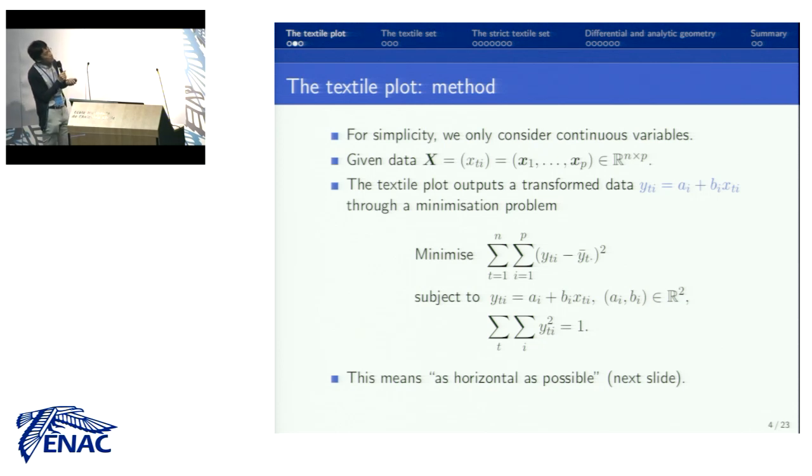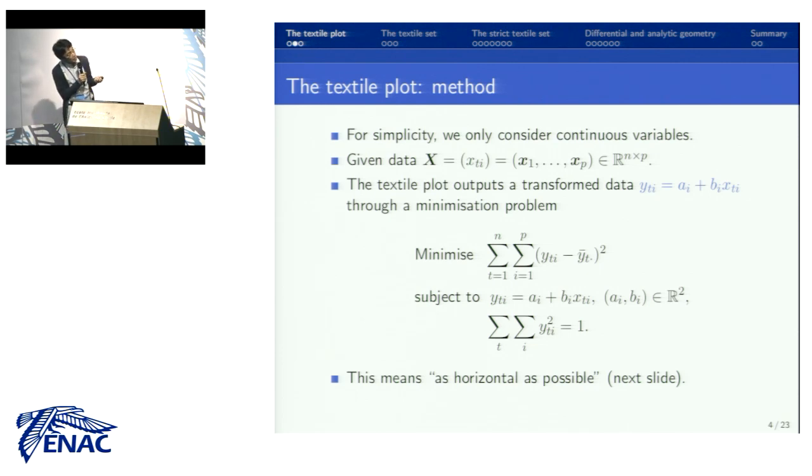The textile plot outputs a transformed data Y_i, where a_i is the location of the transformed variable and b_i has the meaning of scaling.